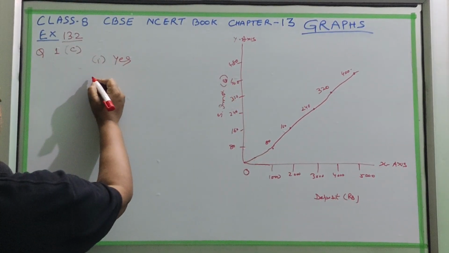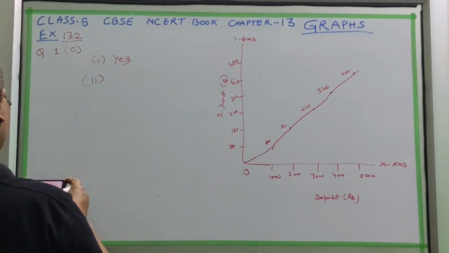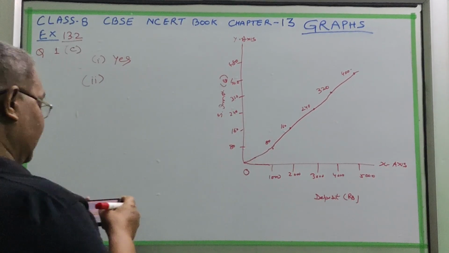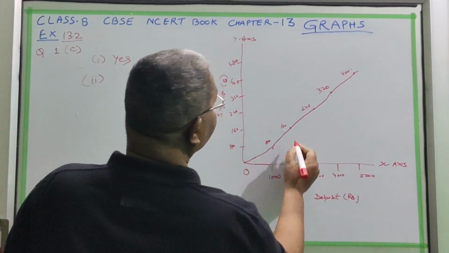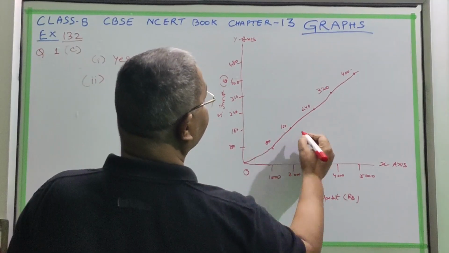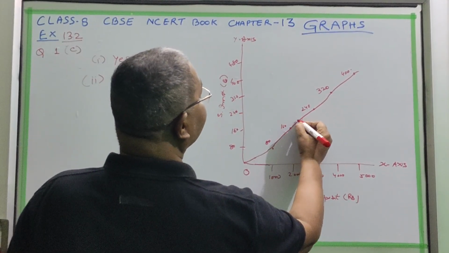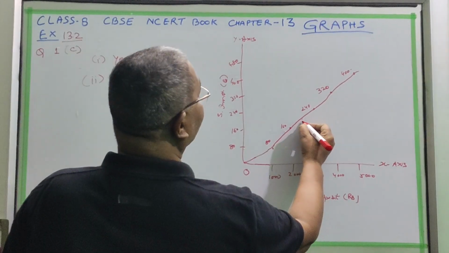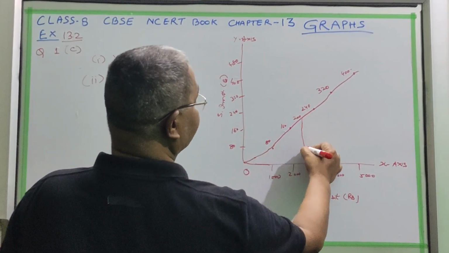Okay, now question number 2, part 2. Use the graph to find the interest on 2,500 rupees for a year. 2,500 means it will be in between 2,000 and 3,000. So here also it will be in between, between 160 and 240, so it will be 200.